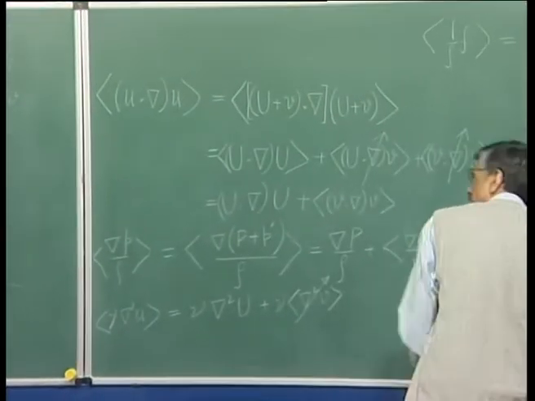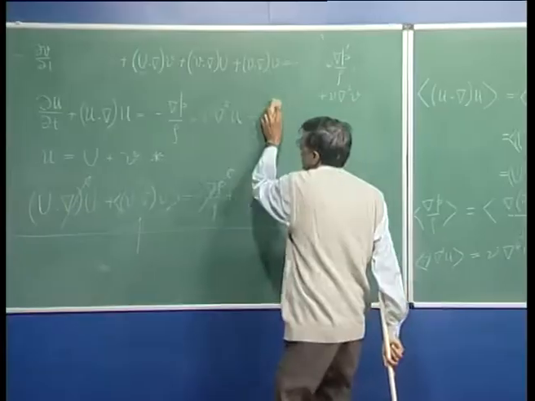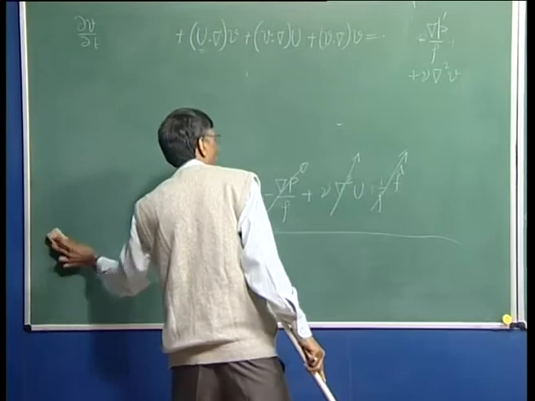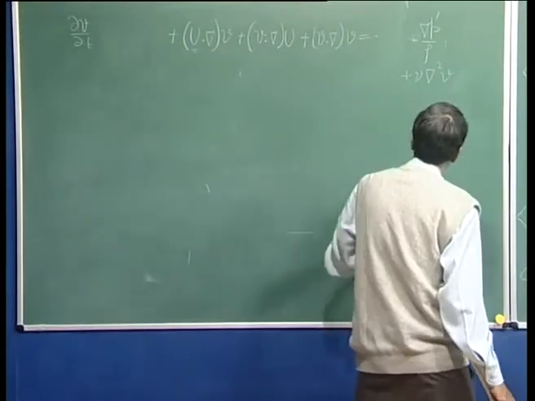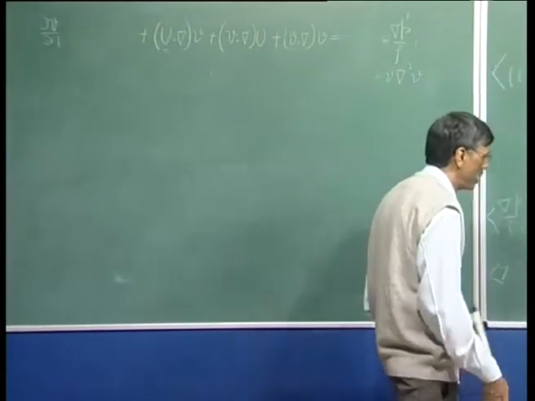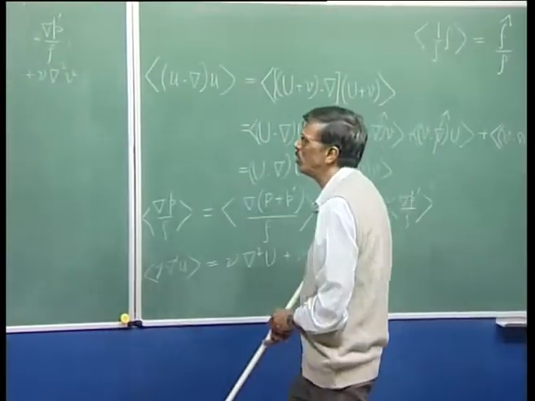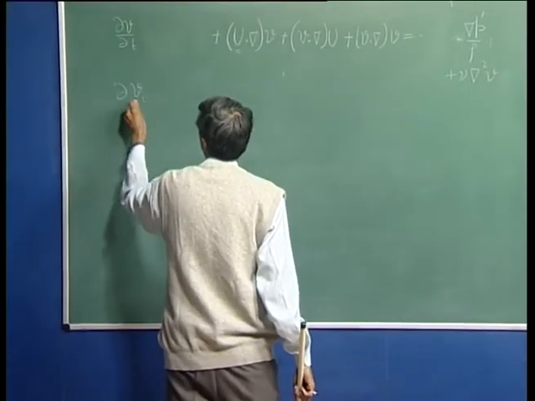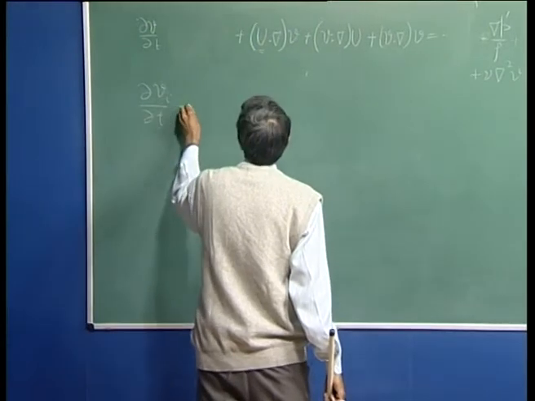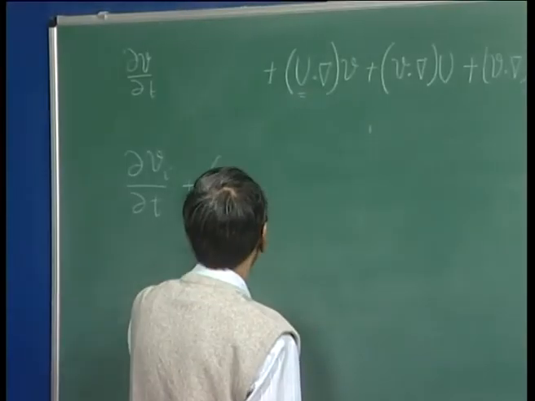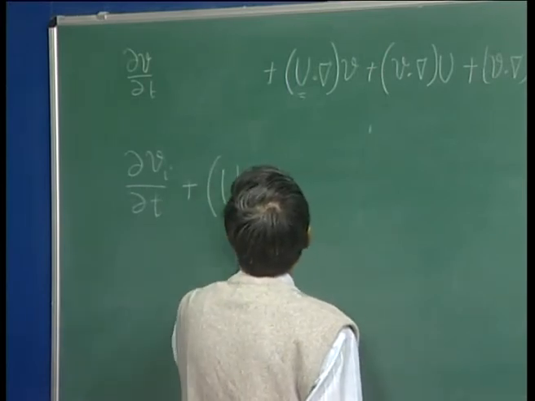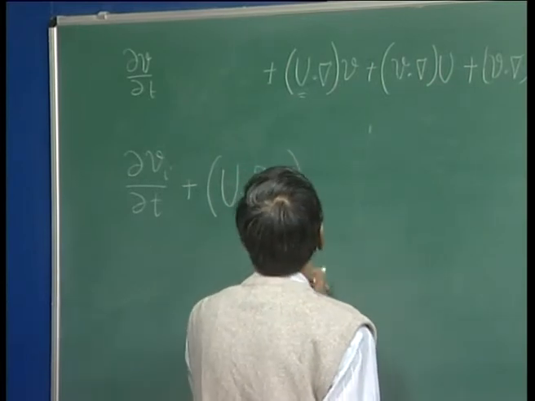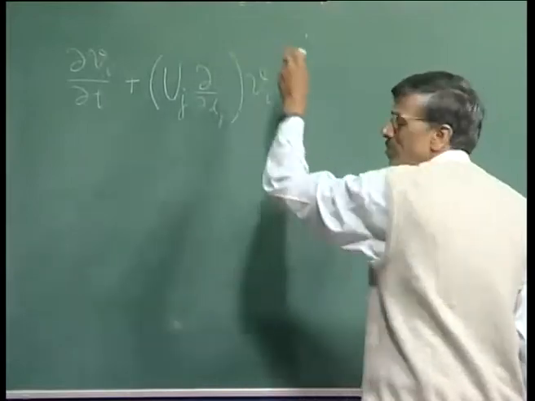So, let me just clean up this bit, and then if we write it in tensor notation, I would perhaps write, let us say, the ith component: del vi del t plus uj del xj operating on vi, that is this term, right.